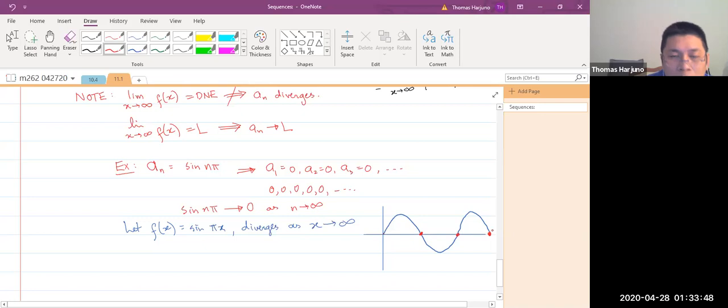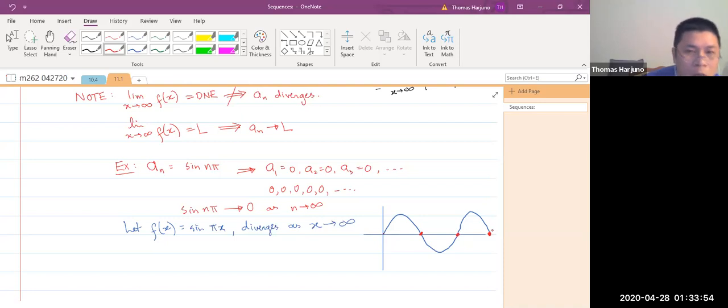Even though the continuous superposition function is fluctuating, periodically between -1 and 1, right at n pi, when x is an integer, sine n pi is 0. So be careful with that.